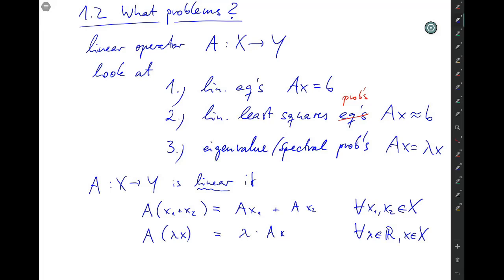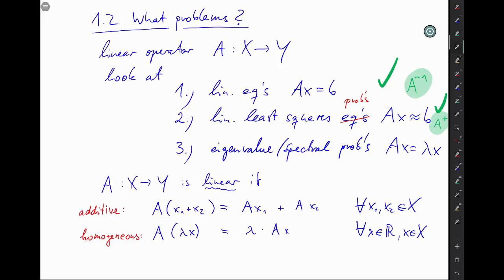This is just for you to recall what linearity means. And sometimes one gives these two properties separate names: the operator is additive, and this one you call homogeneous, or homogeneity is the word.